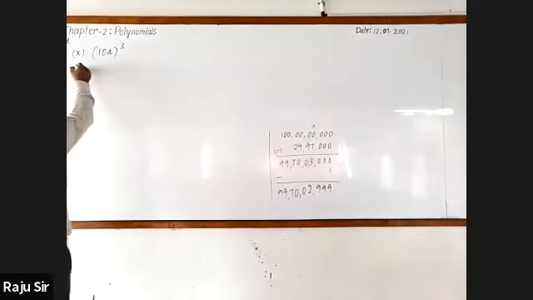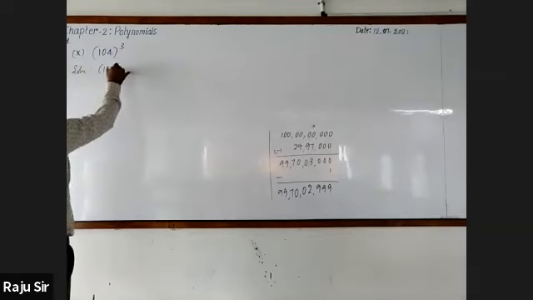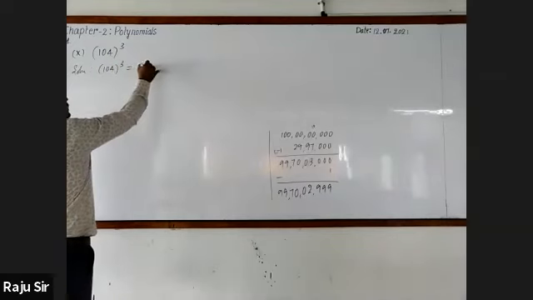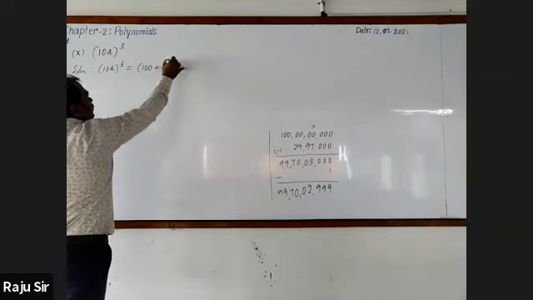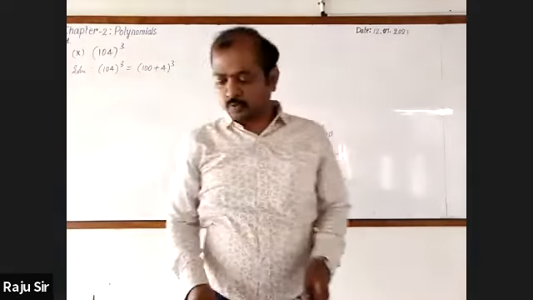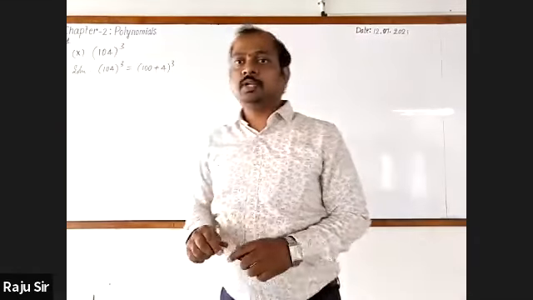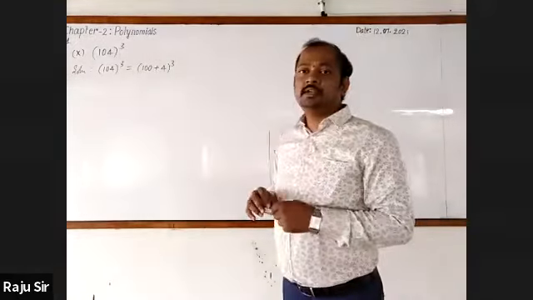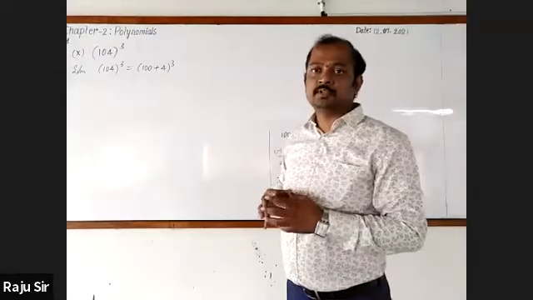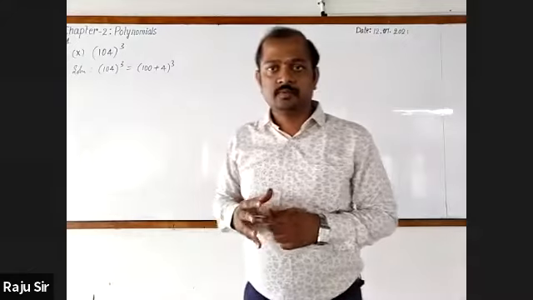A plus B whole cube can be written as 100 plus 4 whole cube. It is more than 100. And Namit, could you tell which identity can be used for solving this, or finding A plus B whole cube.